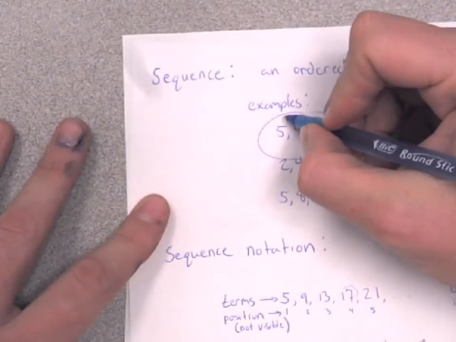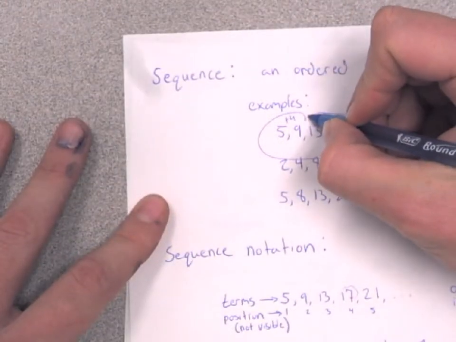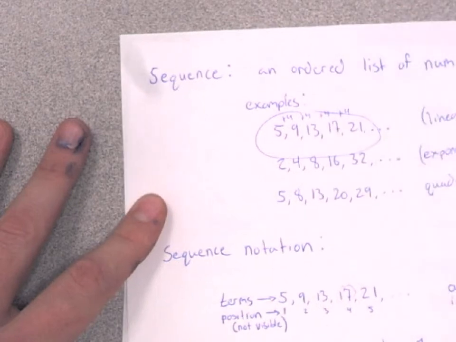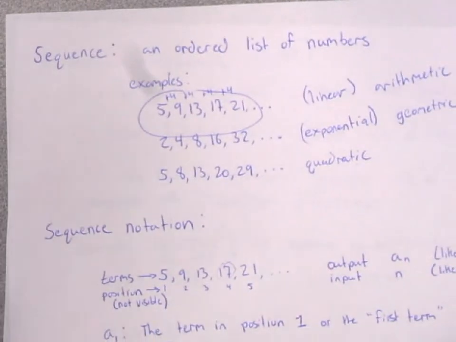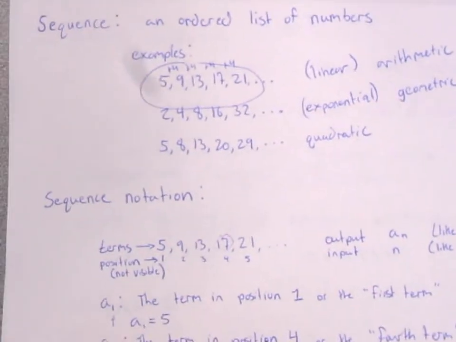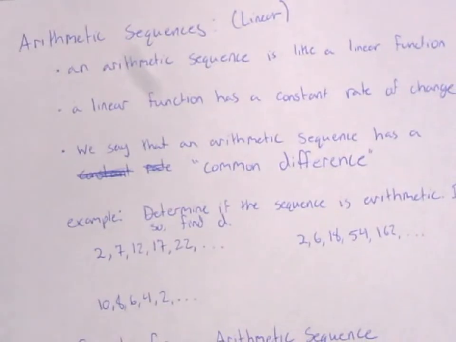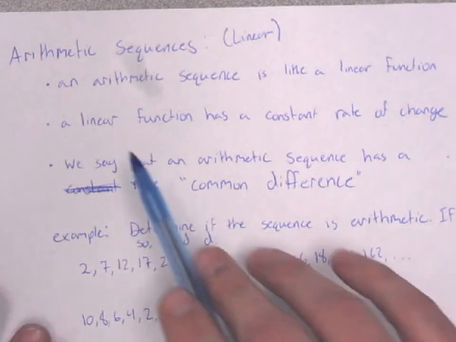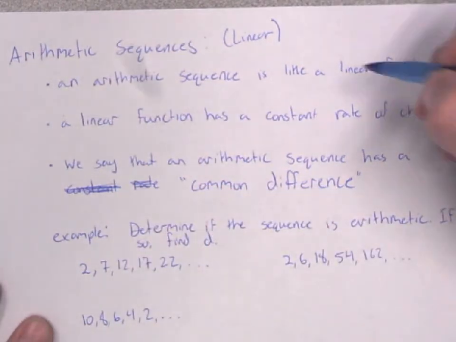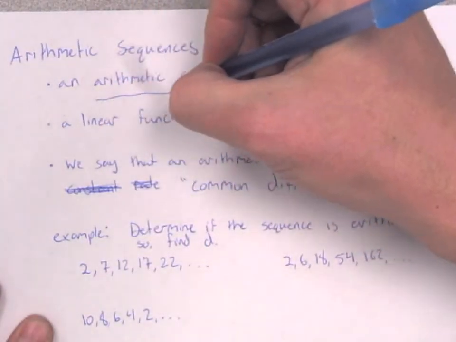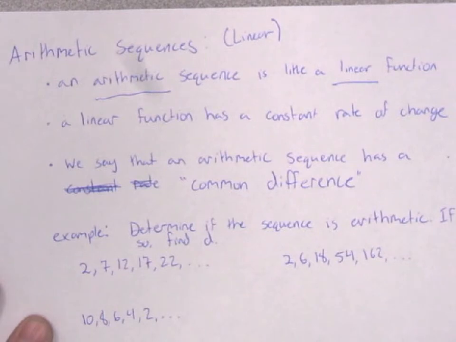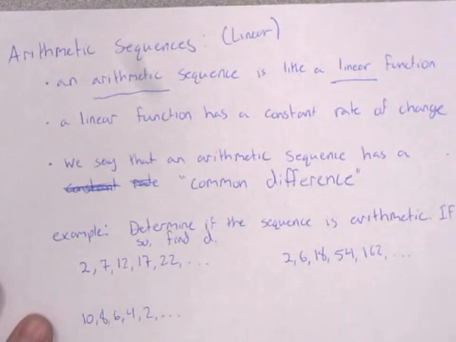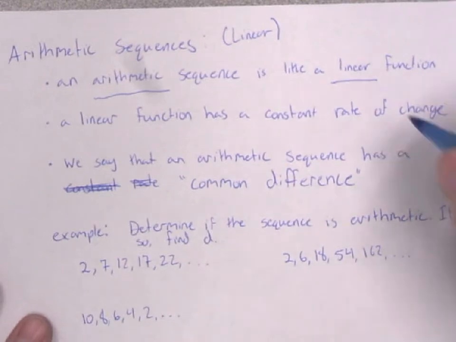So arithmetic is a linear pattern. We talked about this pattern here was a +4, +4, +4, +4 pattern. We're adding the same number over and over. An arithmetic sequence is like a linear function, so these terms are similar. A linear function has a constant rate of change, like a slope.